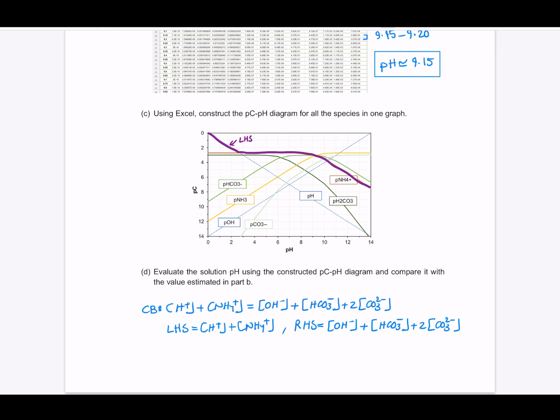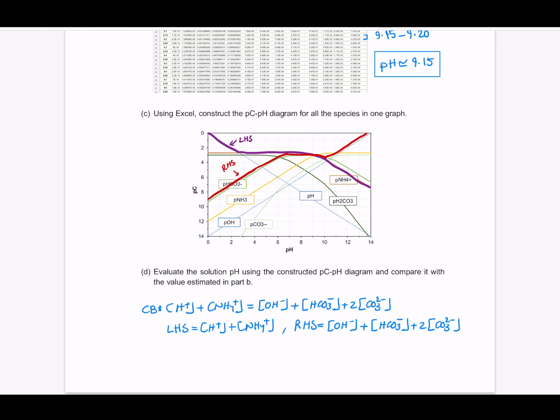So this would be something like this. Up to here bicarbonate, and then carbonate, and then the other term. So it has to be a little bit higher, that point minus 0.3. And this would be our RHS.